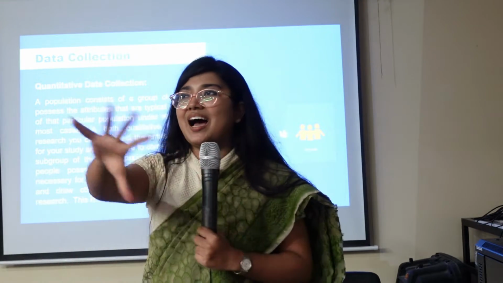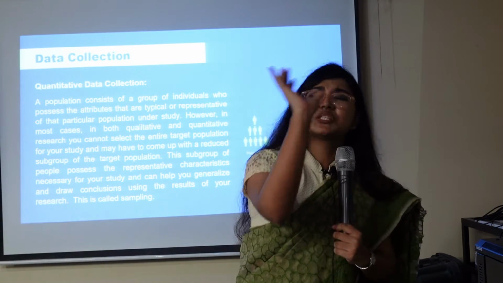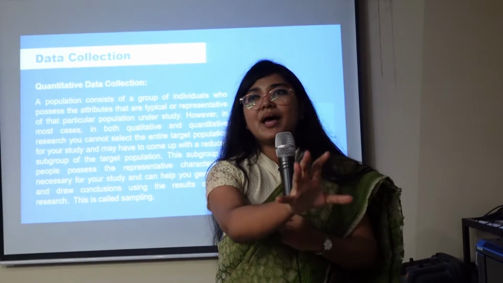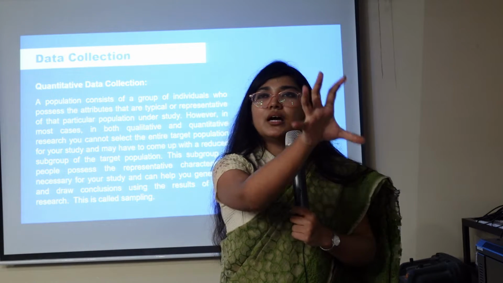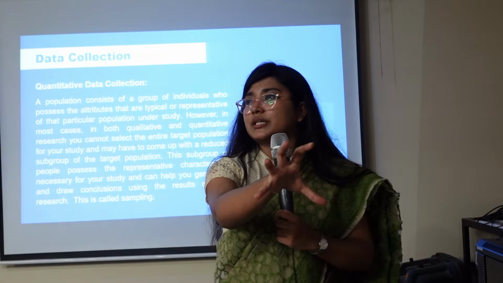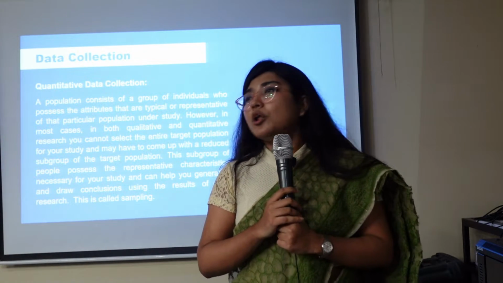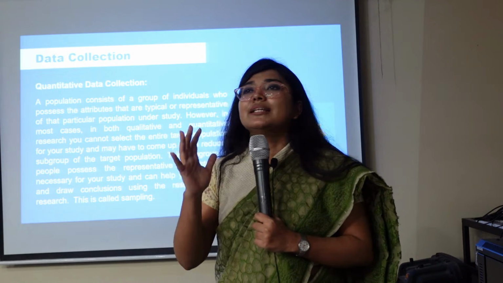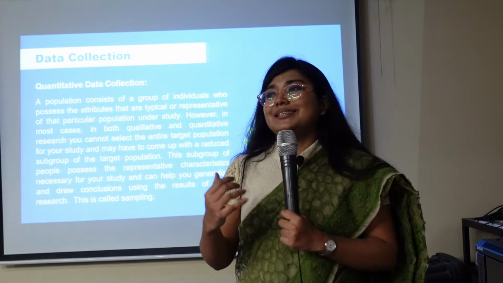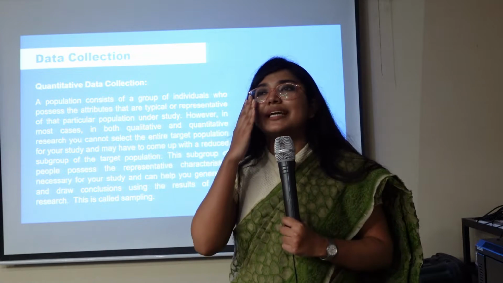So, for example, we have the entirety of you and I recommend, for example, 10 people from this row that I will conduct the research on. That's my target group, that's my reduced subgroup and I would call it my sample for this study. So, the entirety of you won't be included in my study, although you have the representative qualities that I need for my study, but due to the research constraints and time issues, other limitations, I cannot.